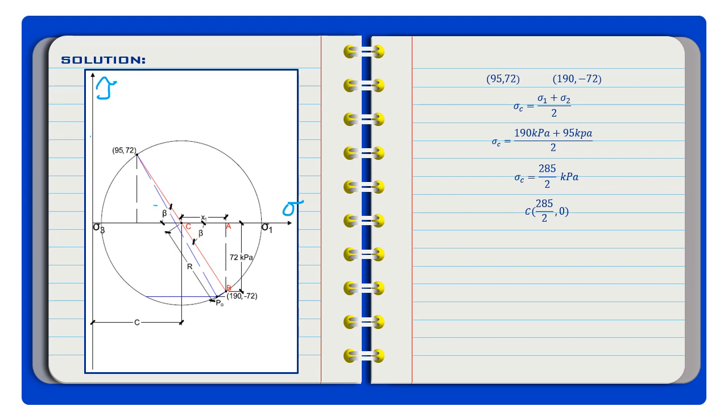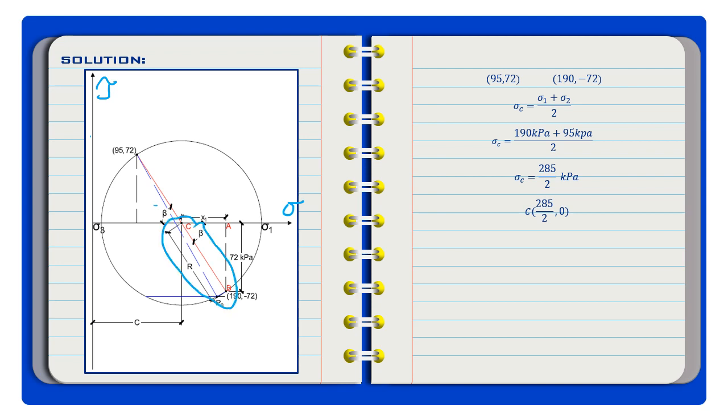So, upon determining yung sigma c natin, we can now determine yung radius of our circle by the distance formula or the center radius form. Pwede natin gamitin yung dalawang points na to.